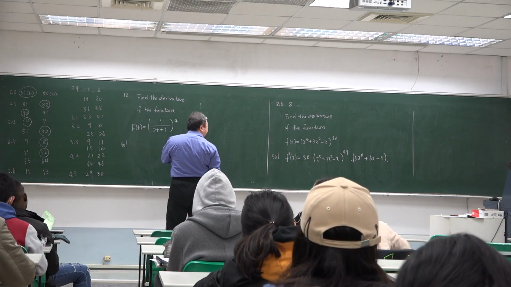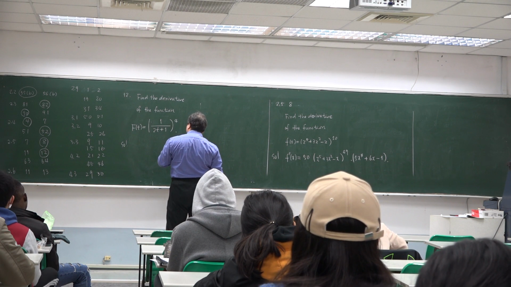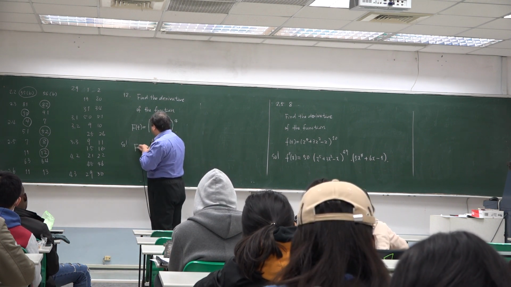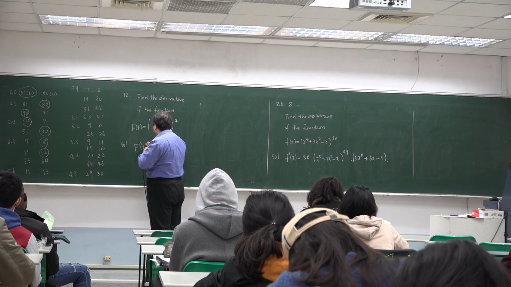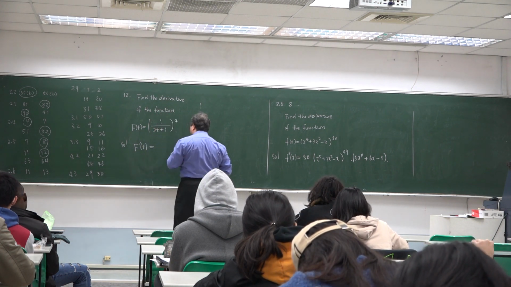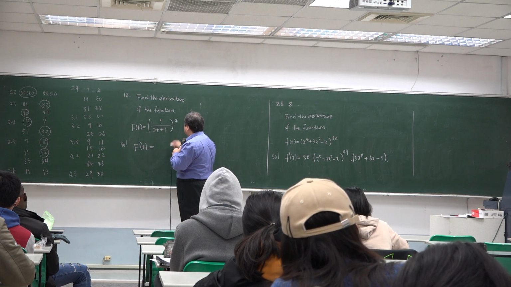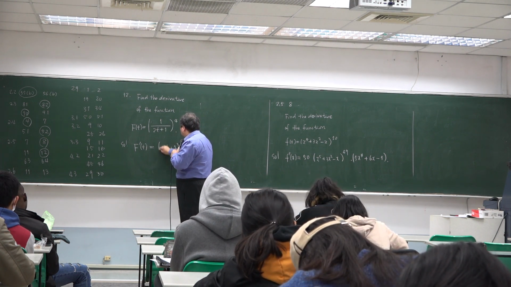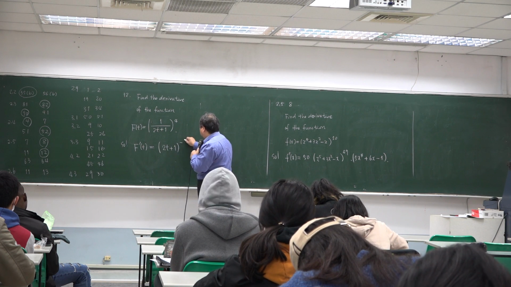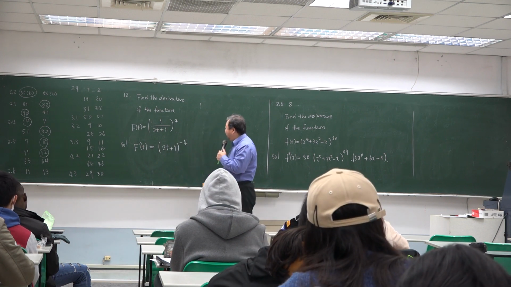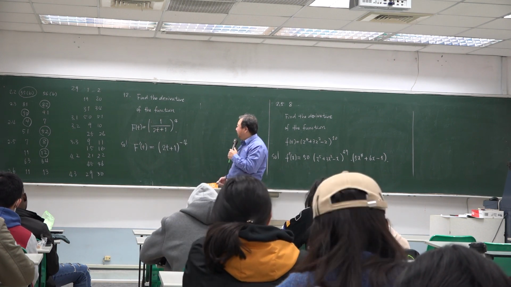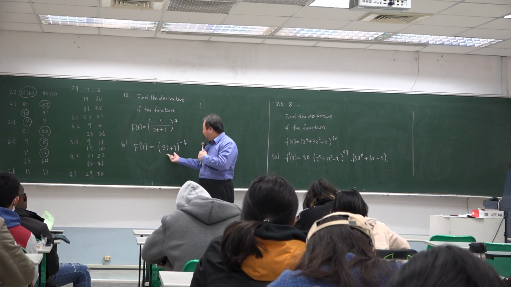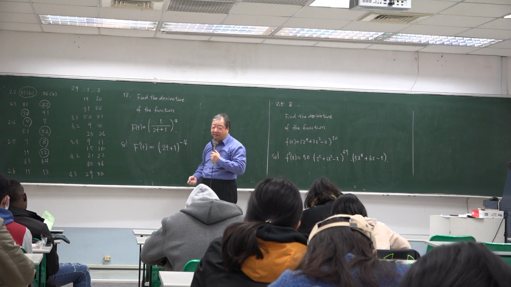Almost the same as the previous one. So f prime of t equals, rewrite this. The number t is mapped first by a polynomial function, then a power function.